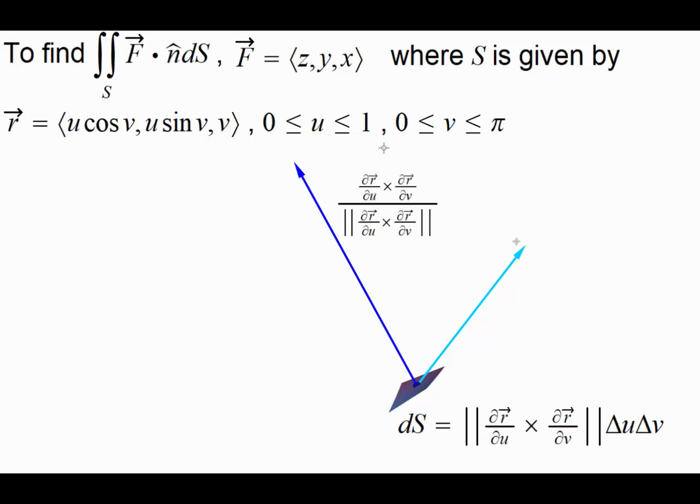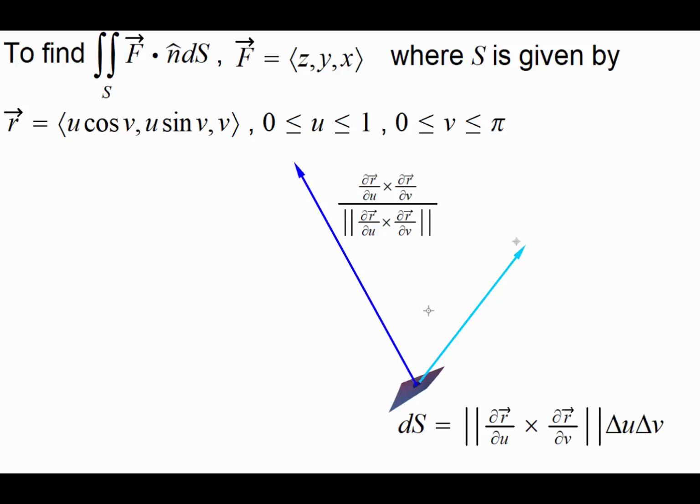That is, it is the cross product of the partial derivative with respect to u with that with respect to v divided by the magnitude, and we have assumed that this cross product is not zero anywhere on the surface. This is the value of F, the vector field at this point, and we are assuming that this area element is so tiny that we can assume the values to be the same throughout.